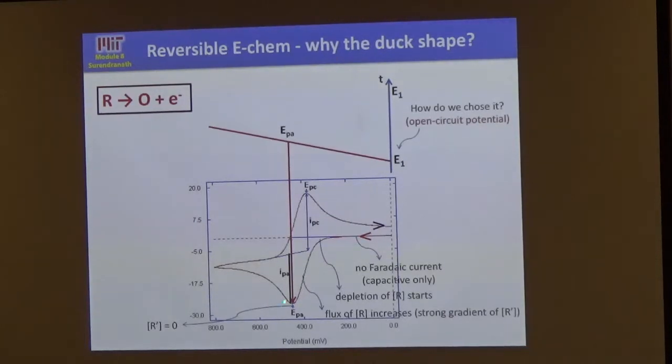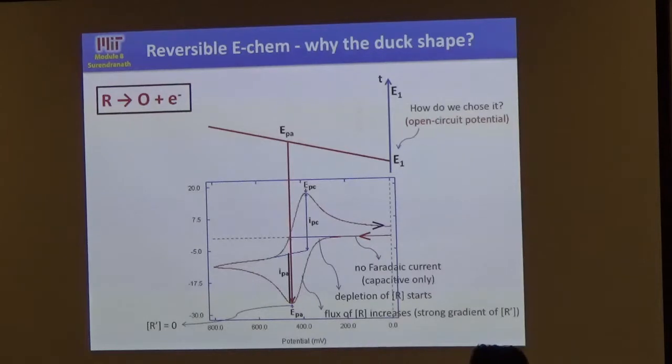After I get to sufficient driving force to essentially instantaneously reduce or oxidize any molecule that gets to the surface, the additional potential doesn't quite matter. What matters is just how much time I've spent past the wave, and that time translates into a decay in the current simply because I've created a larger and larger sphere of emptiness, of loss of the material.